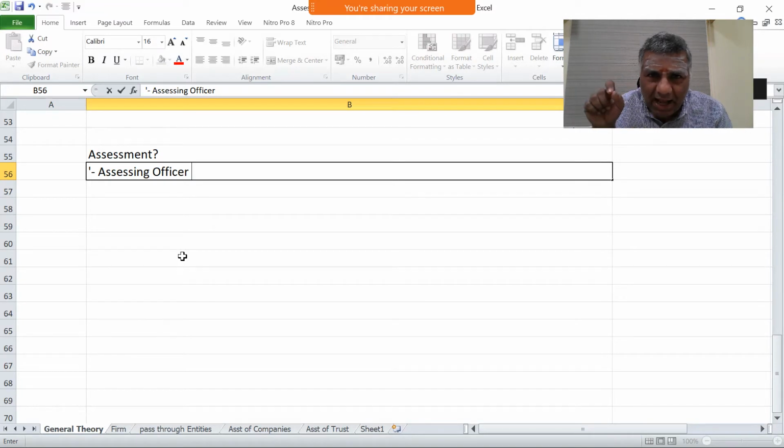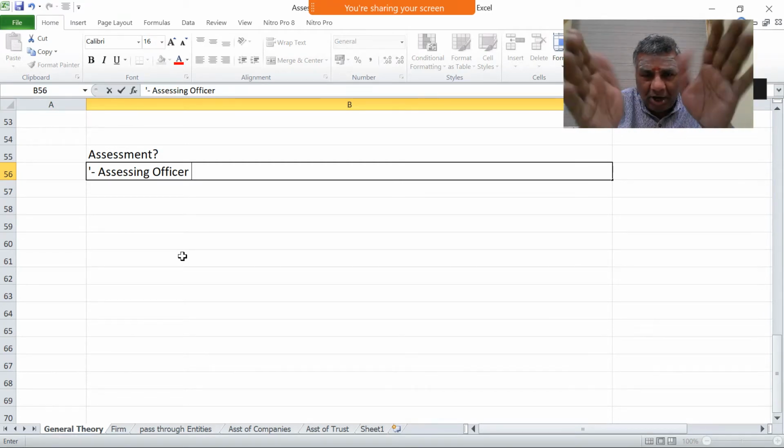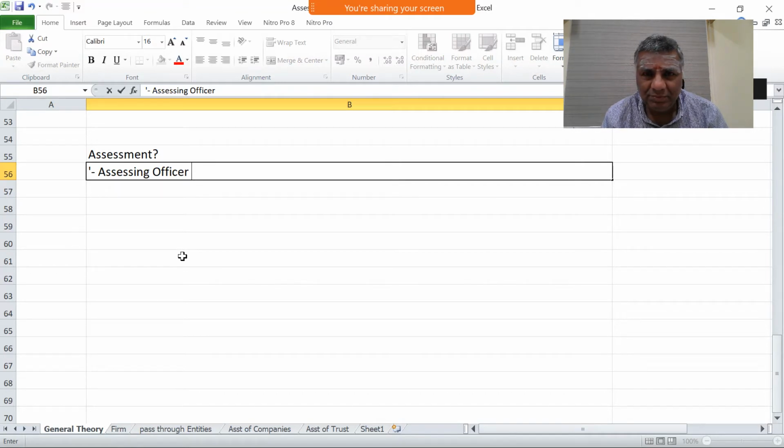He is not appointed by you. He is appointed by the CBDT, the Income Tax Department. He will only work for the department, not for you.